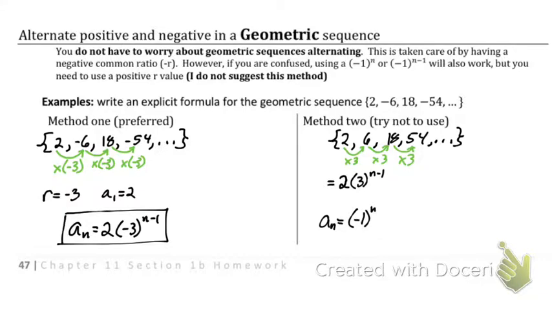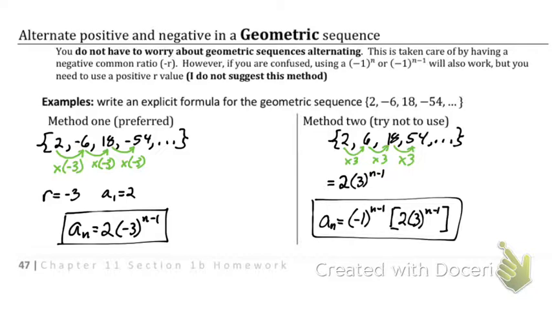Let's see if n works. My first term should be positive. If I plug a 1 in here, -1 to the first is negative. That doesn't work, so this has to be n minus 1. And then I just throw on that 2, 3 to the n minus 1. Both of these will result in the exact same sequence. But one is a lot easier to get to, and that's this one.